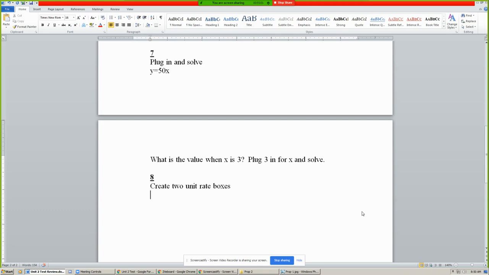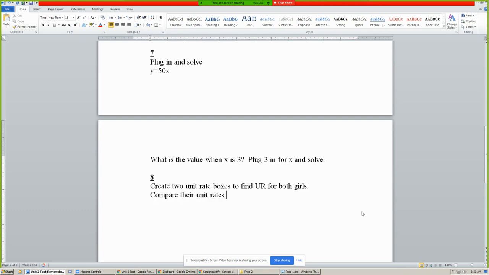How much more cheese is in one serving of Sarah's dish? Find unit rates for both people to help you solve. So you need to create 2 unit rate boxes to find unit rates for both girls. Once you have that, you're going to compare unit rates.